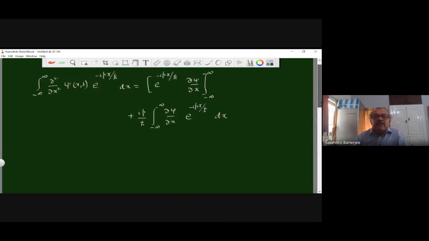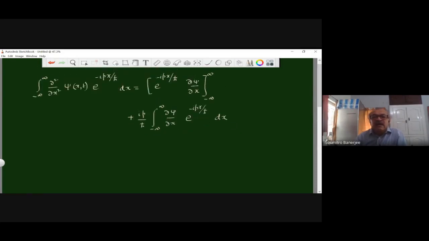Now psi goes to 0, with slope also equal to 0, at the two ends, so this whole first term will be 0. Only this term survives.